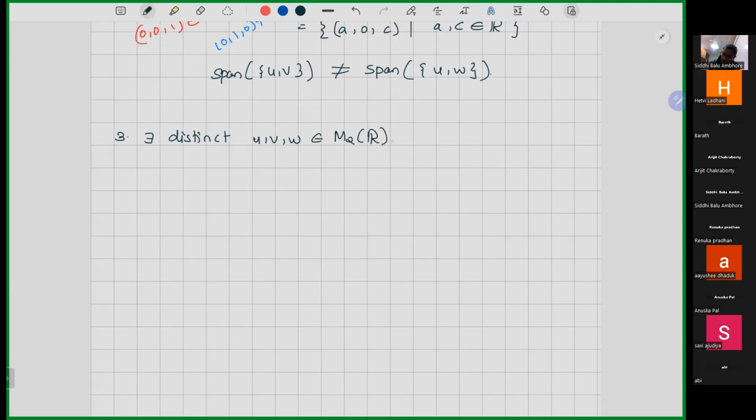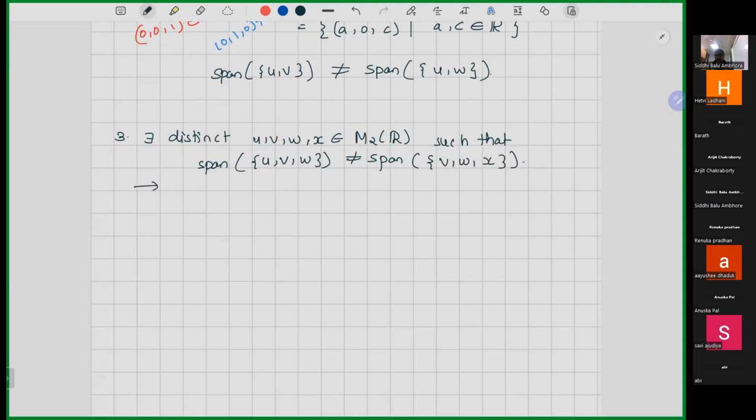Now we are back to matrices. Such that span of u comma v comma w is not equal to span of v comma w comma x.